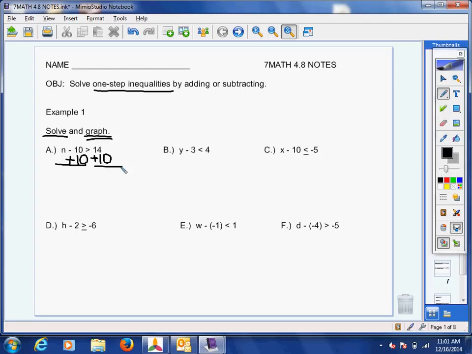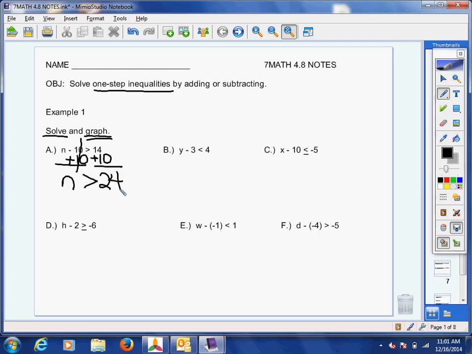So all that remains on the left side is the n. Drop down your inequality symbol, and what is 14 plus 10? 24. Oh, I thought it was or equal to. It's not, it's just a plain old greater than symbol. So we're not going to insert equal to if it's not already there, okay?